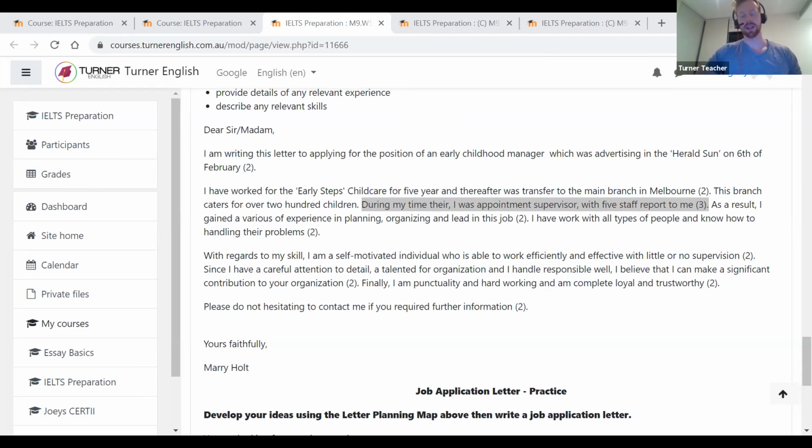Staff is okay because staff is actually uncountable. We don't use S with that one, but there is another word as well. This is not past tense. It should be reporting. So good guess with report, but it's five staff reporting to me.